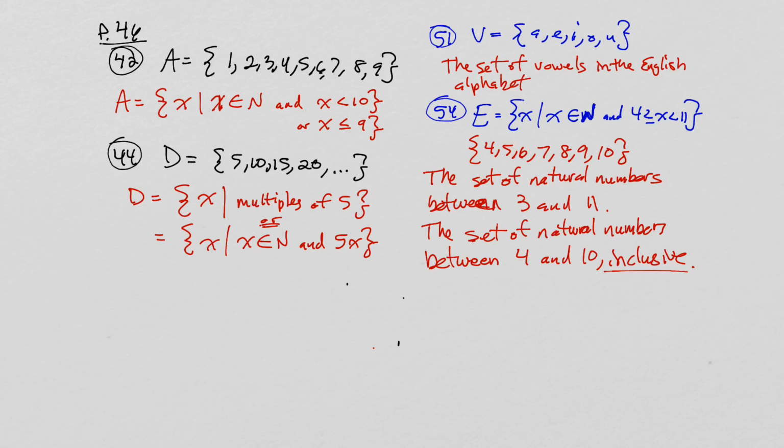Almost done. Just got a few more here, and we're going to go to 66 and 71. 66 says state whether each statement is true or false.